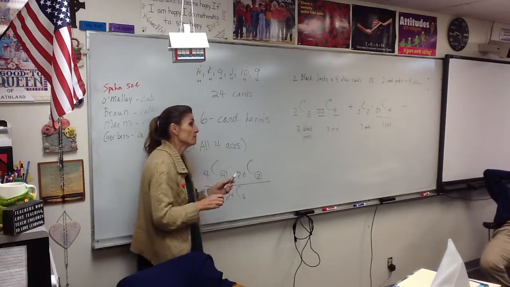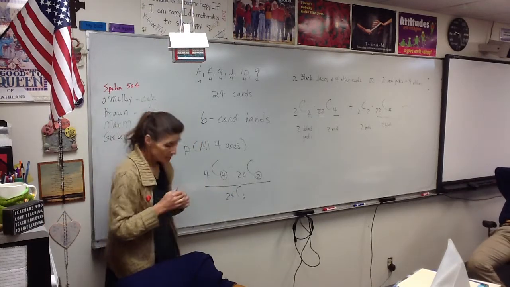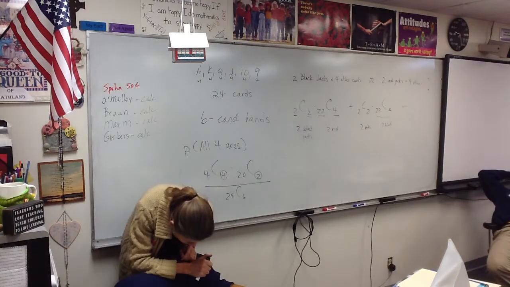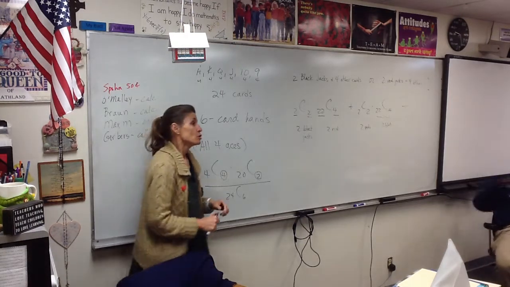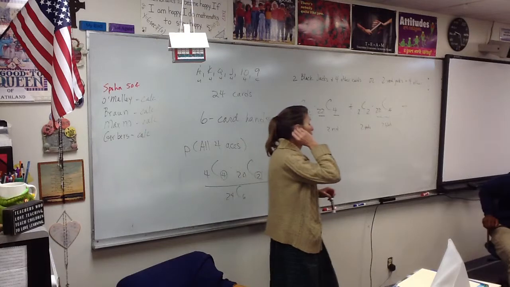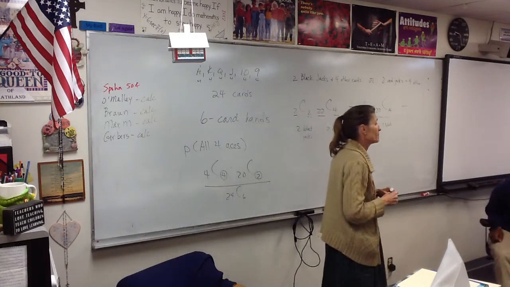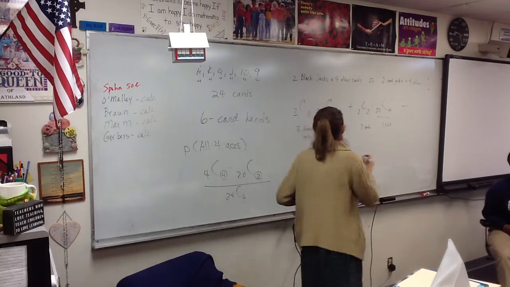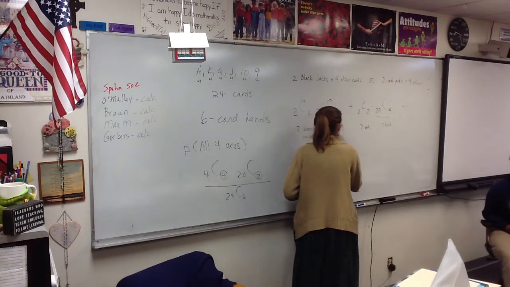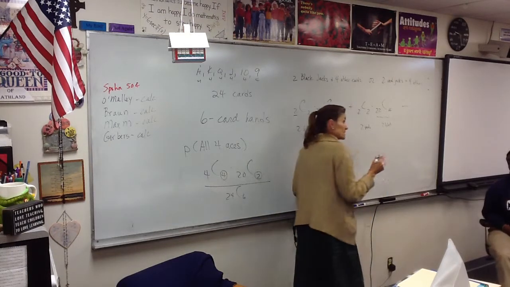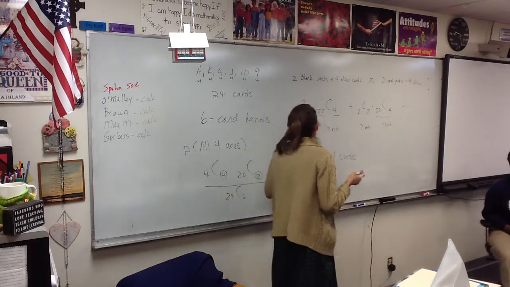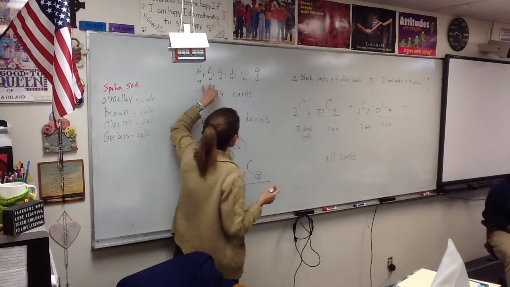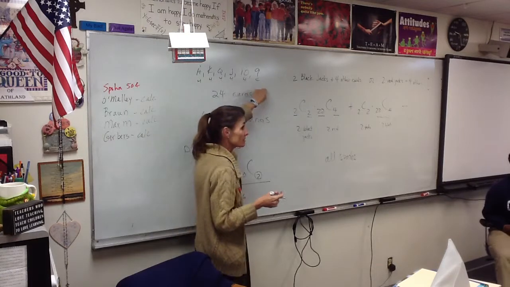Yes, Patrick? 23 and 24 is same. Yes, they are. They have to be. No. 23 and 24 are very closely related, but 23 says specifically all spades. So all spades, now remember it's a 6-card hand, and you would have how many spades in this deck?